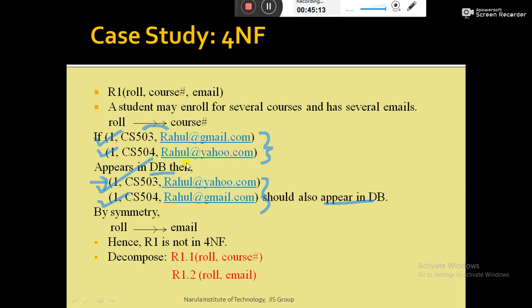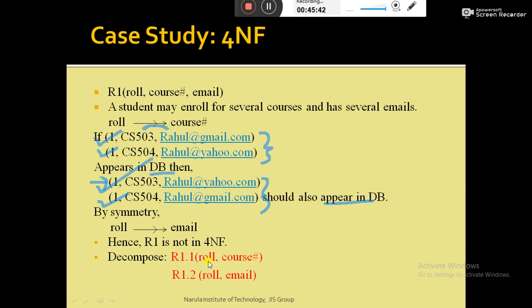So the simple way is to decompose. One relation will be R1.1 with the dependency roll, course number. Another sub-relation is R1.2 with the dependency roll, unit. But still the relation R1.1 has the multi-valued dependency role multi-determines scores.